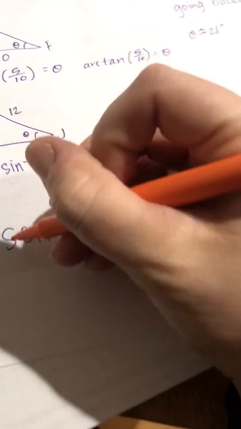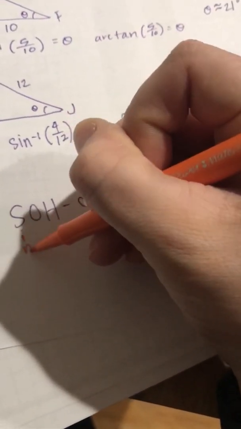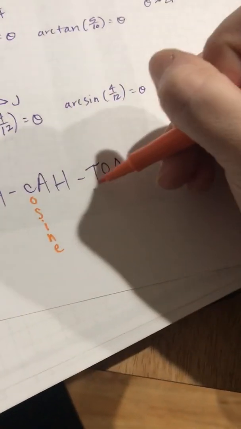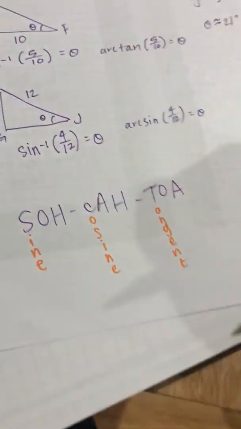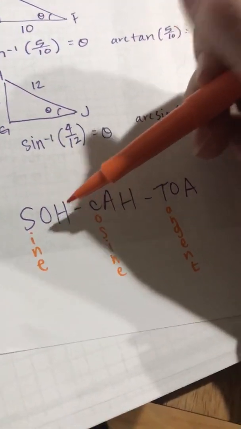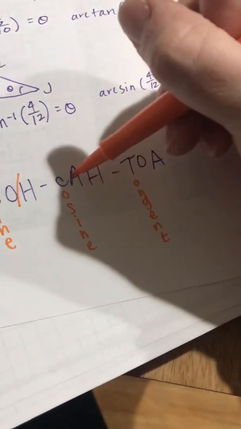SOH is for sine, CAH is for cosine, TOA is for tangent. Sine uses the opposite and the hypotenuse side lengths, in that order, opposite over hypotenuse. Cosine uses adjacent over hypotenuse.